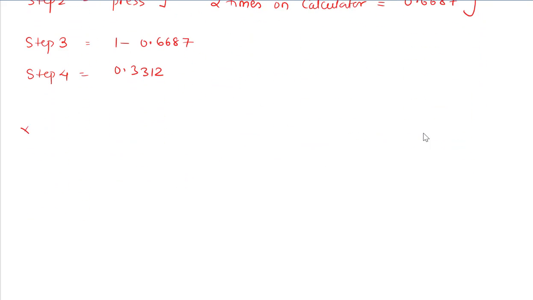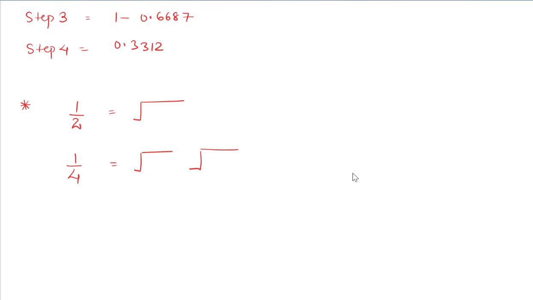I want to share a few things with you. Supposing the life is 2 years, you have to do 1 by 2. So on your calculator, press root 1 time. That will give you 1 by 2. If it is 1 by 4, then you have to press root 2 times.